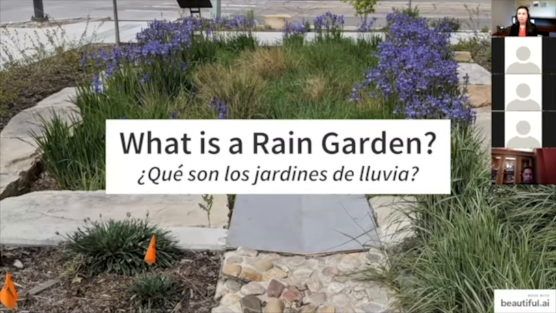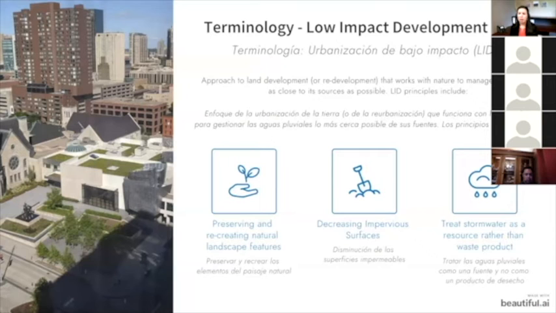Okay, so what is a rain garden? To start off with, it is a type of low impact development. Apologies for the busy slide, but it's important to really focus in on this part of the terminology.